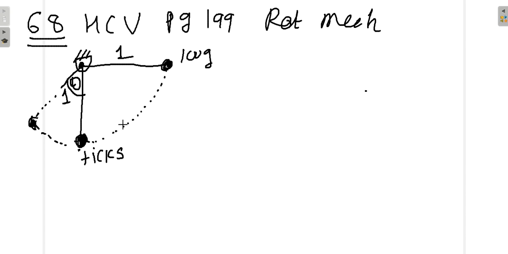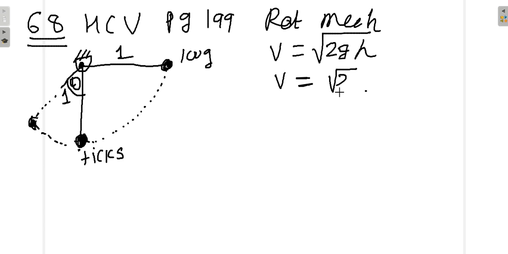Okay. So let us first see what is the velocity of the particle as it hits here. You know the height is h, so velocity will be root 2gh. h is 1 meter, g is 10, so the velocity will be root 20.